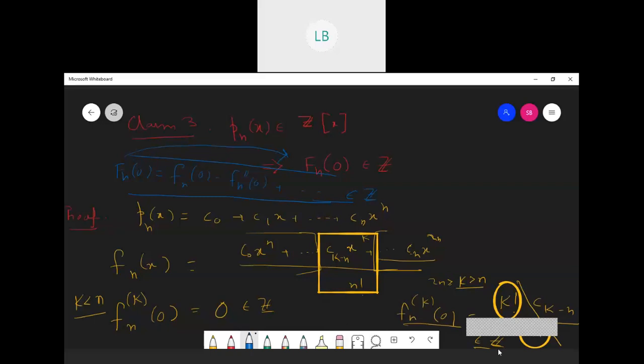Go through the above three claims and understand the hypothesis we had. All the stuff we had, P_n(x), f_n(x), capital F_n(x), go through the definitions, go through the three claims we proved. And when you are done with this, we can move into the specific proof of irrationality of pi.